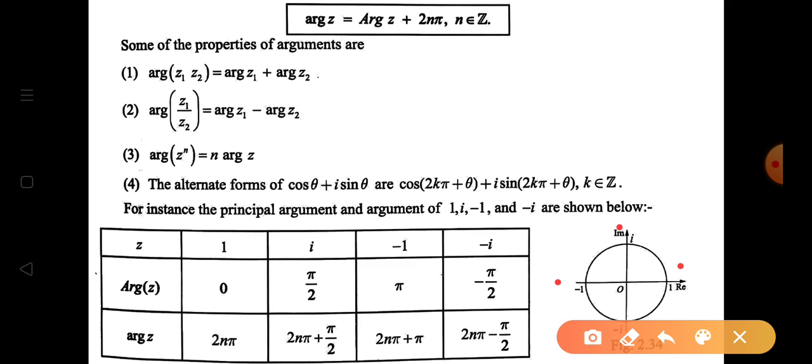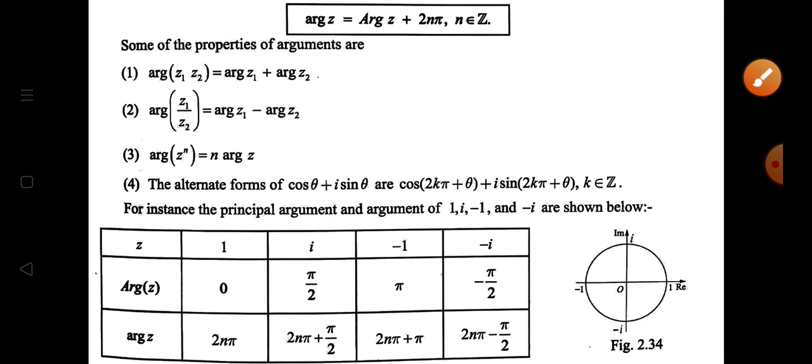Next minus i is minus pi by 2, 270 degrees. Once again 1, that is a repeated process. So we write 2nπ plus π/2, 2nπ plus π, 2nπ minus π/2. Do you understand?